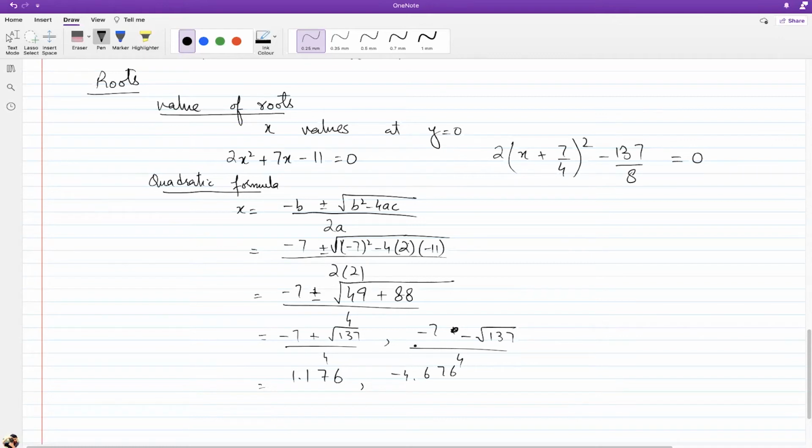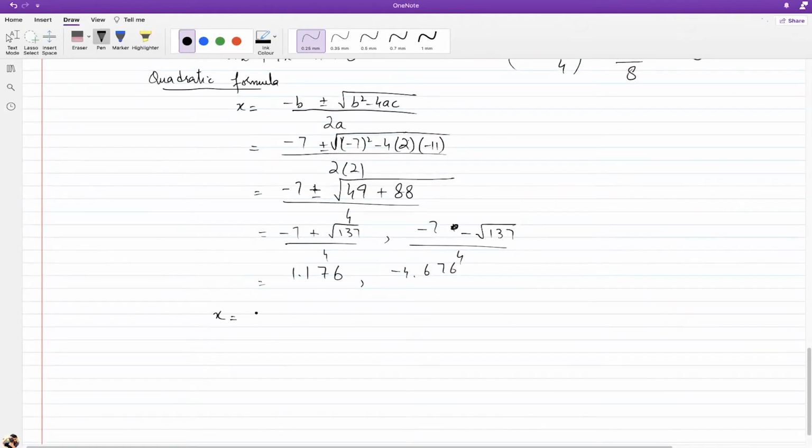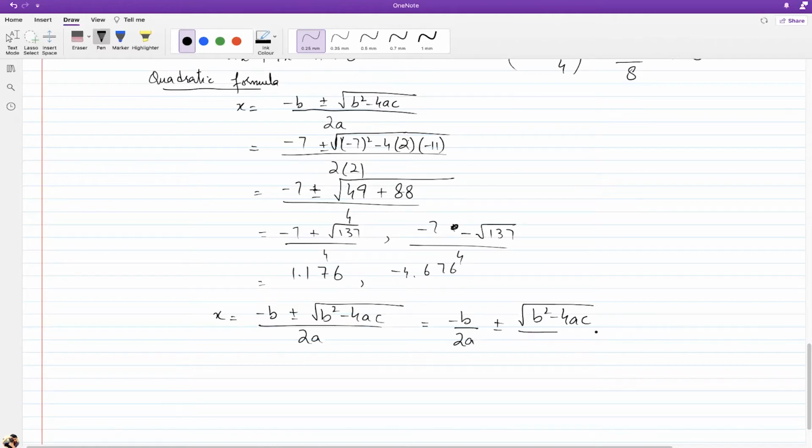Now here's something that I want to show you. Pay attention, please. Let's say we look at the quadratic formula. Minus b plus and minus square root b square minus 4ac over 2a. Let me break it down. Let me make it minus b over 2a plus and minus square root b square minus 4ac over 2a.